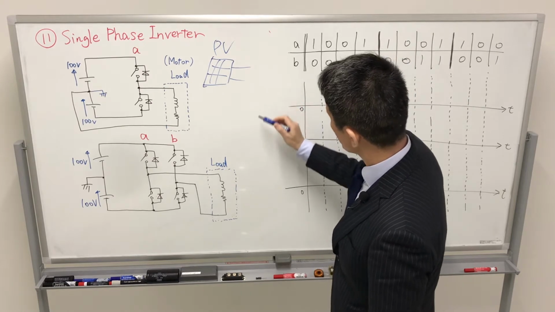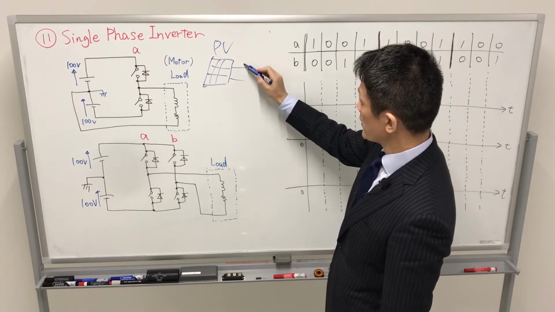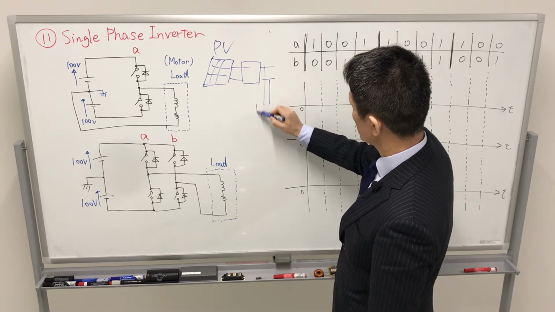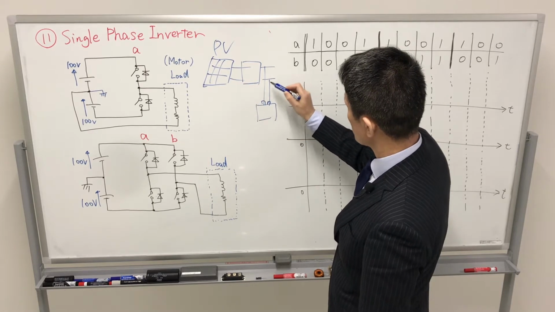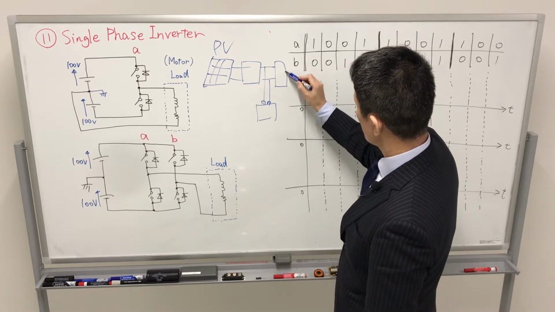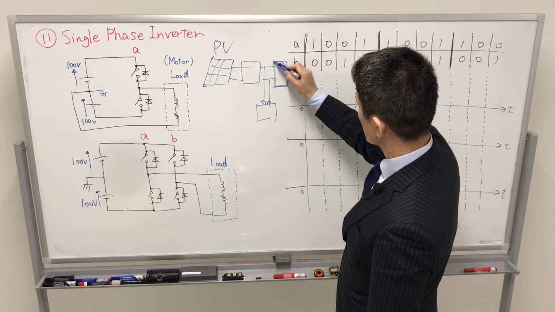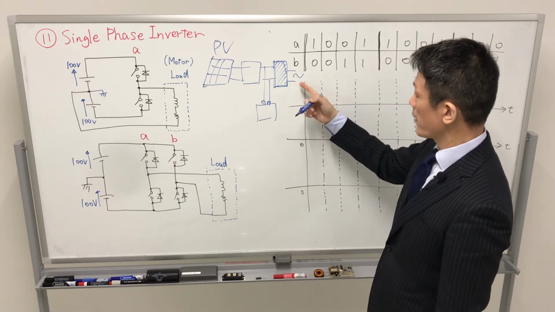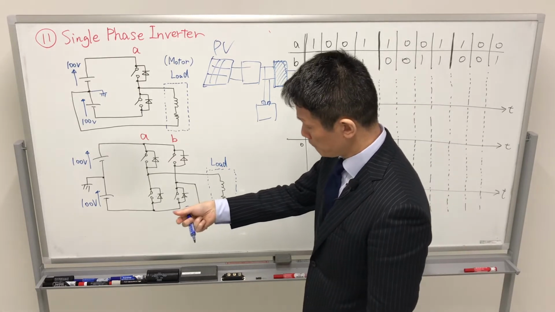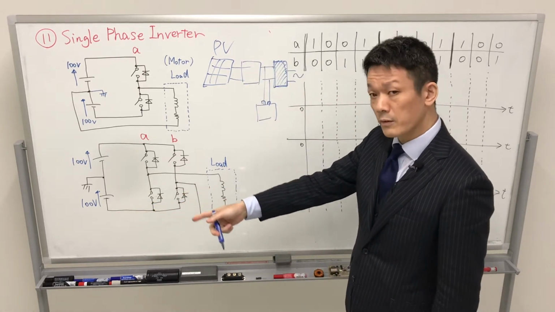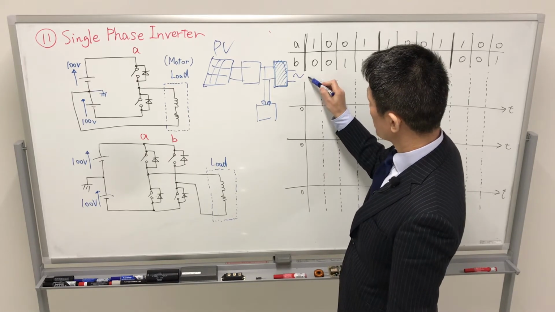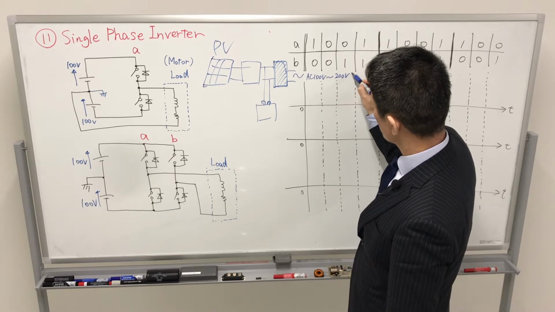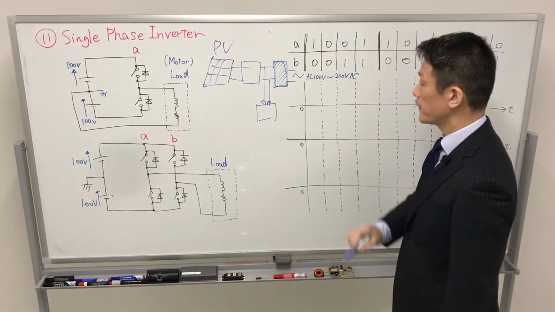From PV we can only obtain the DC line, so the boost chopper, and connected to the battery, storage battery, and the single phase inverter is inserted in this line, and this one is the AC line, the power line to the constant line, worldwide AC line.